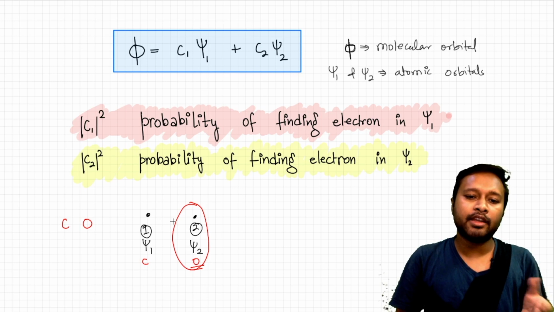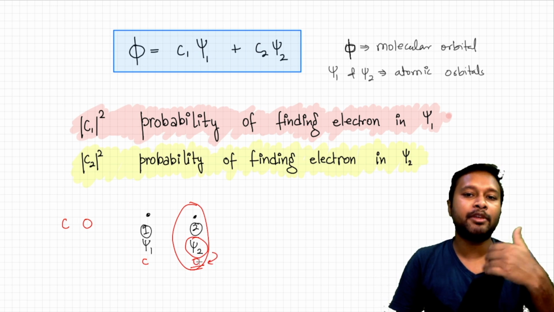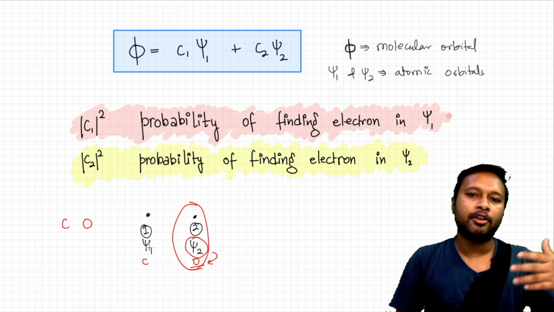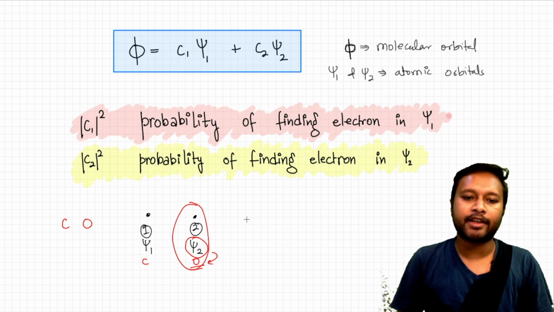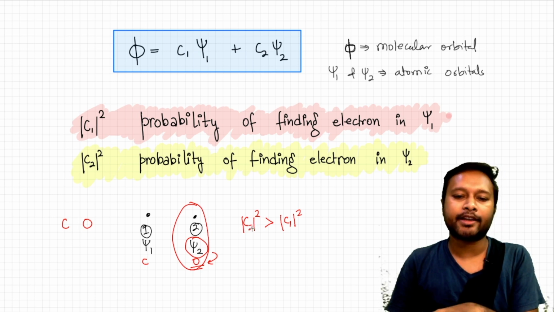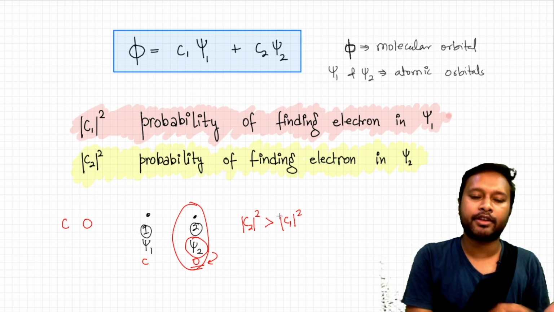So the probability of finding the electron in psi2, that means the wave function corresponding to oxygen, will be high compared to the probability of finding the electron towards the carbon side. In that case, C2 square will be greater than C1 square. So what does it tell you? The probability of finding the electron around the second atom is more compared to the probability of finding the electron around the first atom.